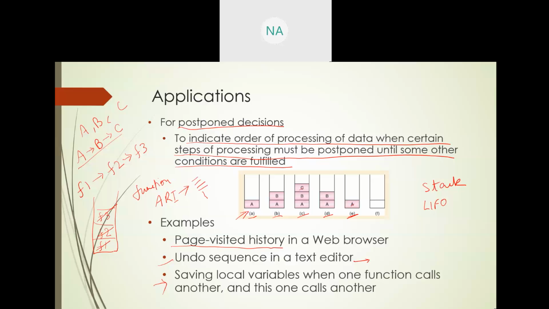Quicksort can be implemented using an explicit stack, and it can be implemented recursively where the use of the stack is implicit. So we will discuss both of those variations. We will also discuss the tower of Hanoi problem, which uses a stack. So several problems. Although stack is a very simple data structure, it is used very heavily in computer science.